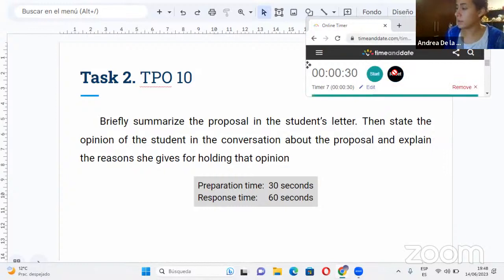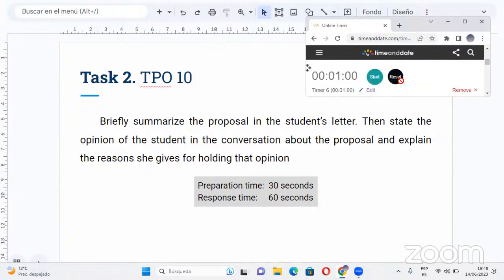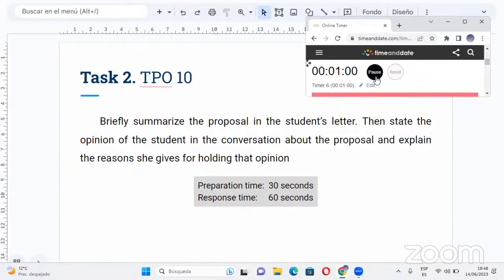Okay, guys. So, Pansy, please. You can start now. The student in the conversation is against the idea of displaying paintings and other artworks in the lobby. First of all, she explains that if the university wants to locate these paintings in the lobby, a lot of students pass through the lobby and it will always be crowded.